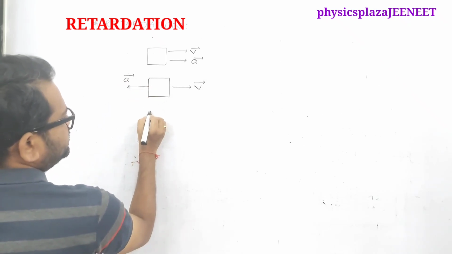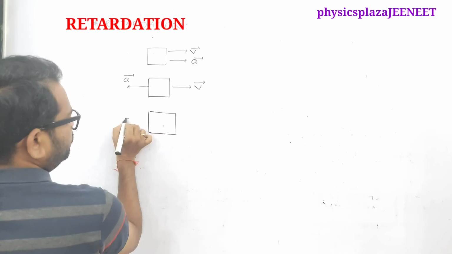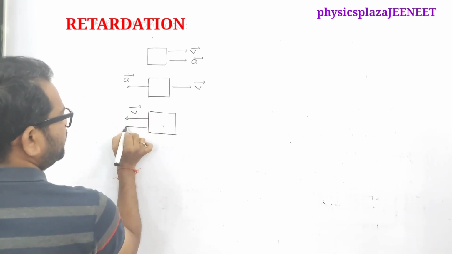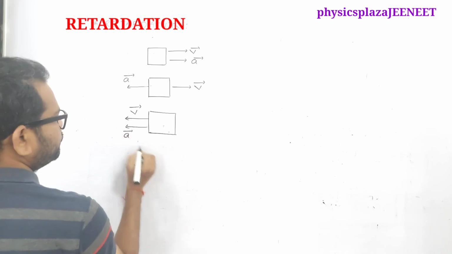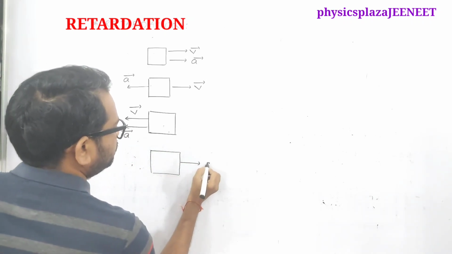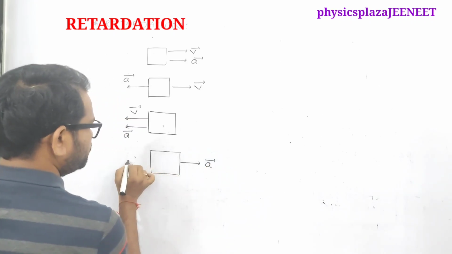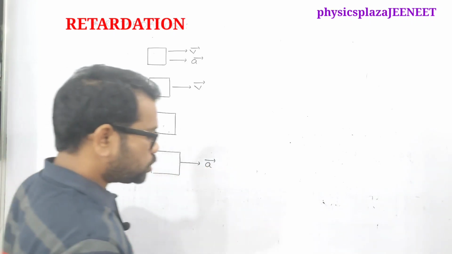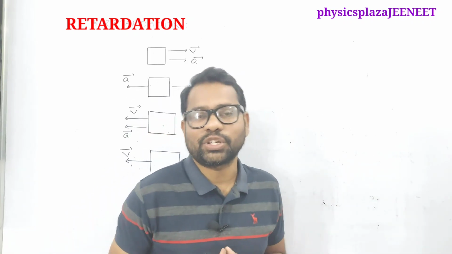Let us take one more case: velocity is acting in this direction, acceleration also in this direction. And a fourth case: acceleration is acting in this direction, and the body motion is in this direction. Let us take these 4 situations to get a better feel about retardation.